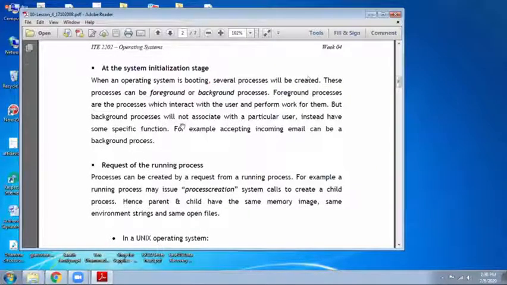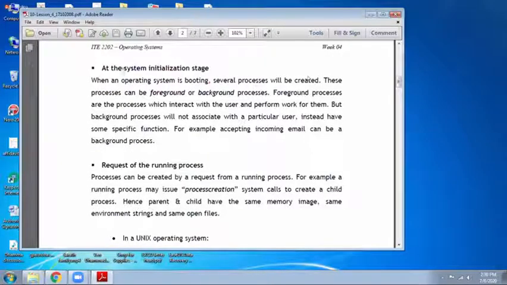But background processes are not associated with a particular user. Instead, they have some specific function. For example, accepting incoming email can be a background process. So your email box is working. When you open it, it is receiving incoming mail. So it's a background process.